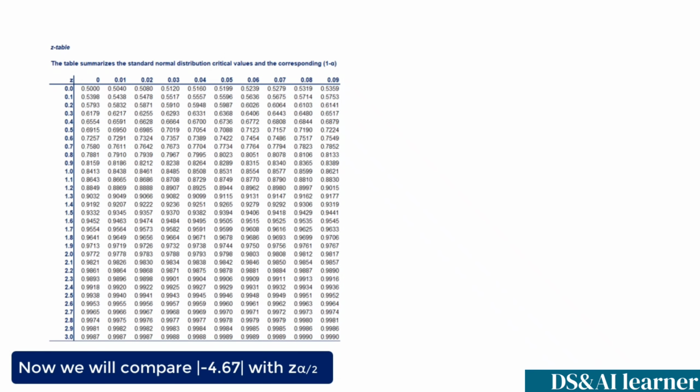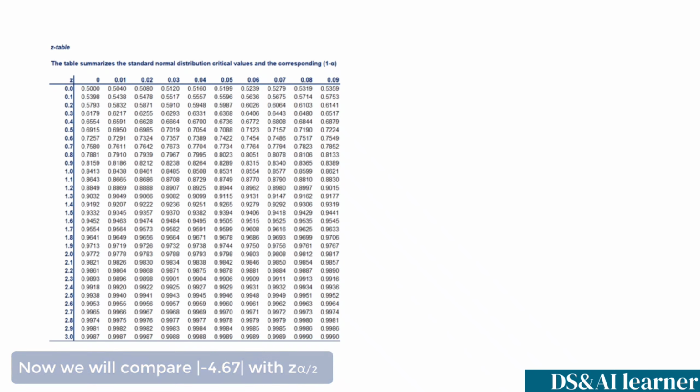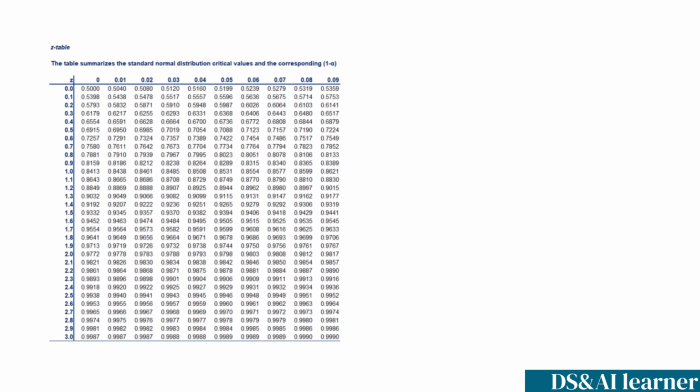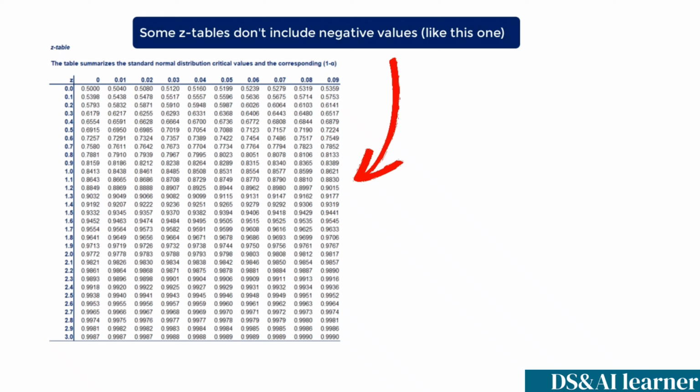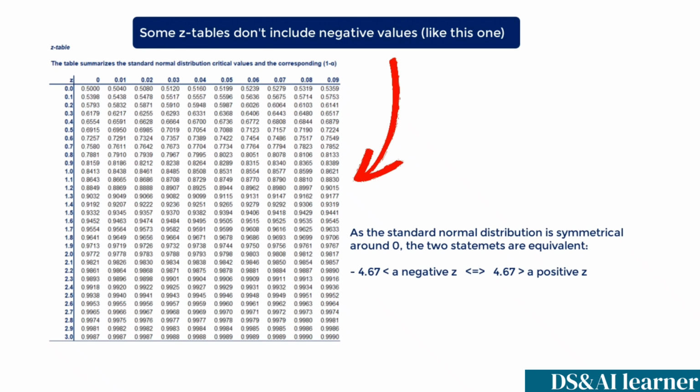Note that we use the absolute value, as it is much easier to always compare positive capital Z's with positive lowercase z's. Moreover, some z-tables don't include negative values. You should be aware that the two statements, minus 4.67 is lower than the negative critical value, is the same as 4.67 is higher than the positive critical value.